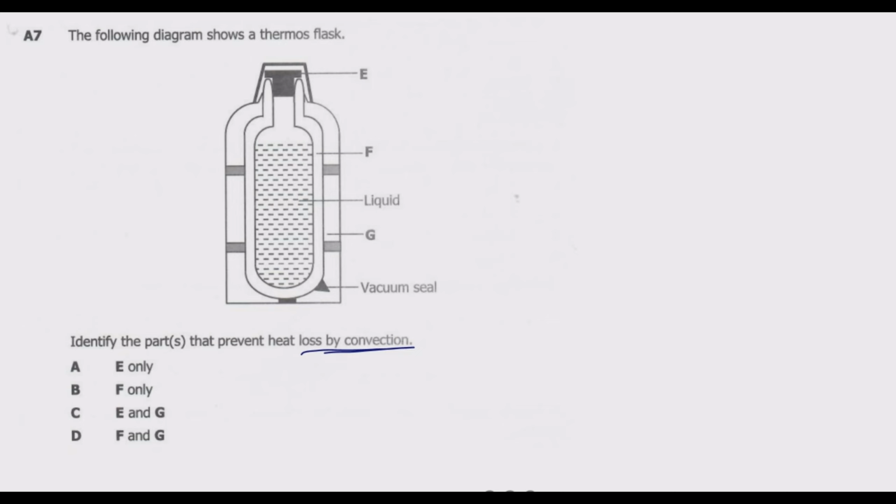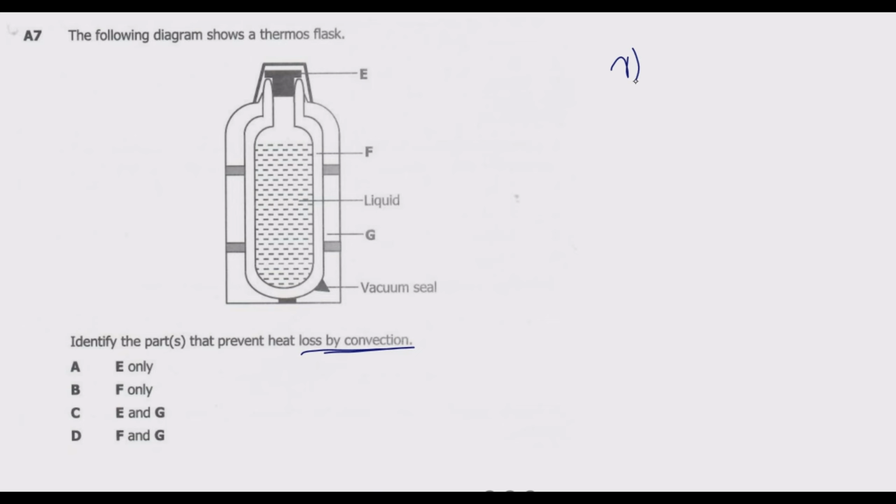Because it's convection, we need to understand how heat transfer occurs by convection. What is expected is for you to know the three ways in which heat energy is transferred between objects.